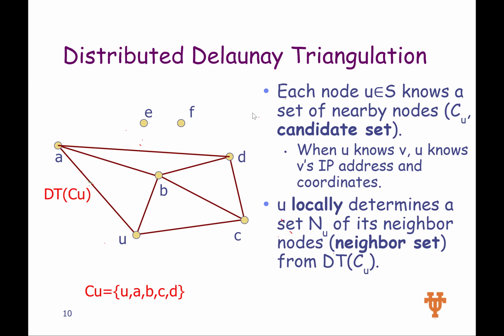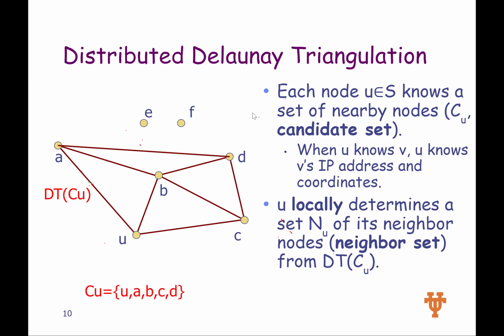But from this local Delaunay triangulation, this is called the local DT, you can find 3 neighbors, A, B, and C. And they prove that if a neighbor on a global DT is included in the candidate set, then this node will also be a neighbor in the local DT.